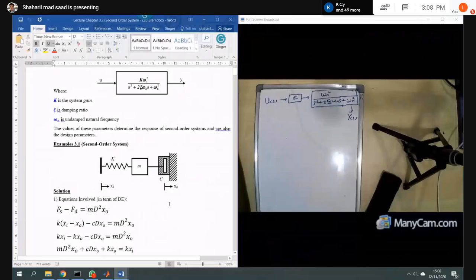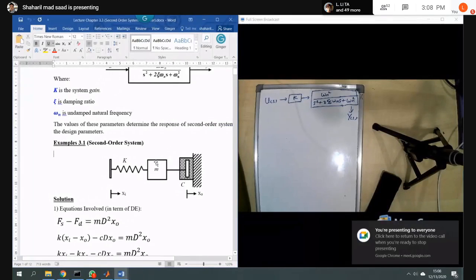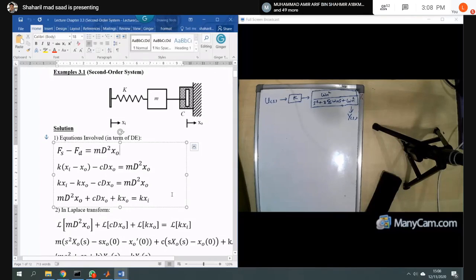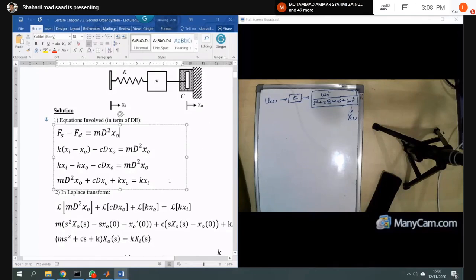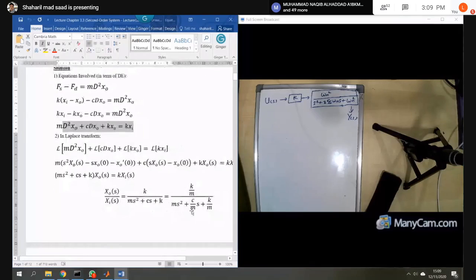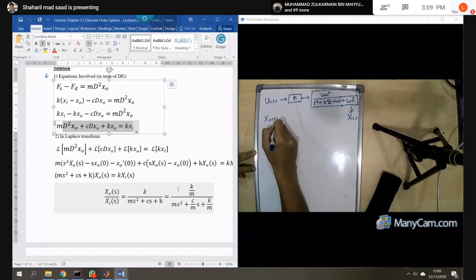Alright, so the example system for the second order is like this. You have a spring, and a damper, and at the center you put some mass here. Then you come out with an equation, and when you apply Laplace, you get this kind of equation, X naught s and Xi s.